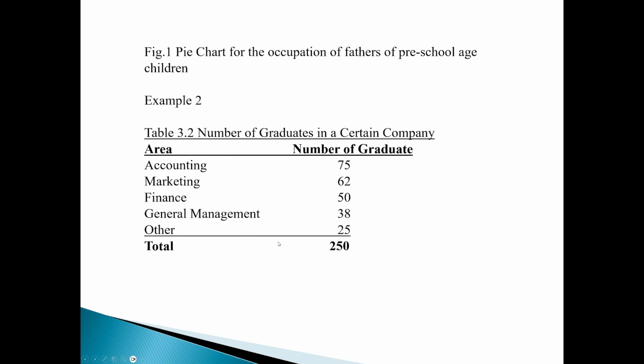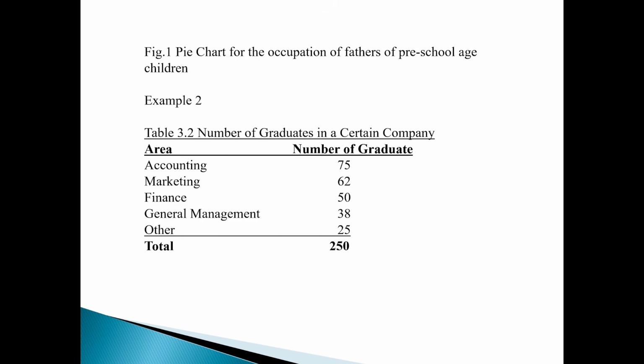So let's have this figure number 1. To better visualize how you will create your pie chart, you have your frequency distribution table. Here in table 3.2, this is your frequency distribution table for nominal data. These are the number of graduates in a certain company.